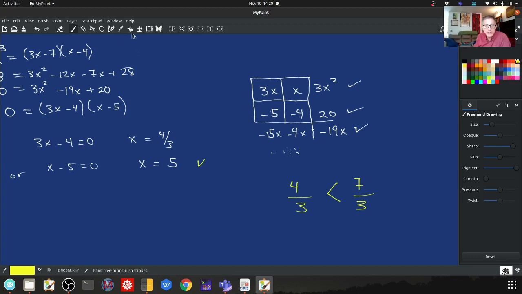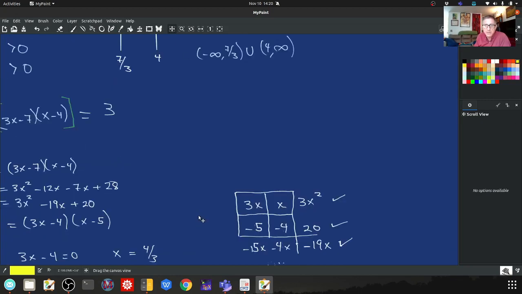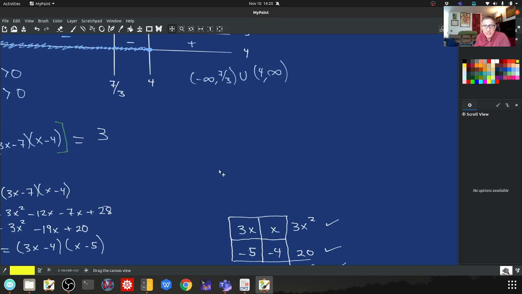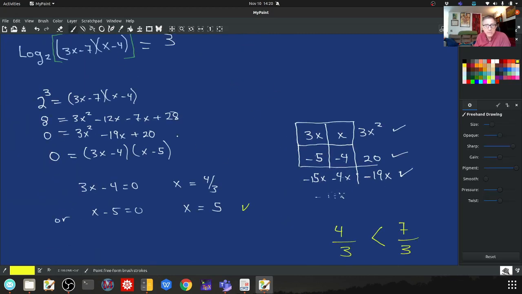So 4/3 is indeed less than 7/3, and that means both of the answers are included. So my solution set is 4/3 and 5, and x is in that set. And I believe that's all we're going to do.